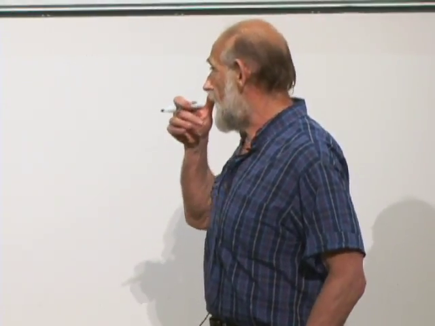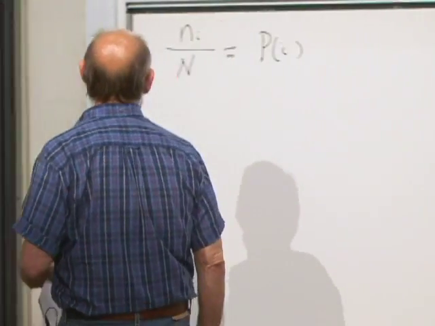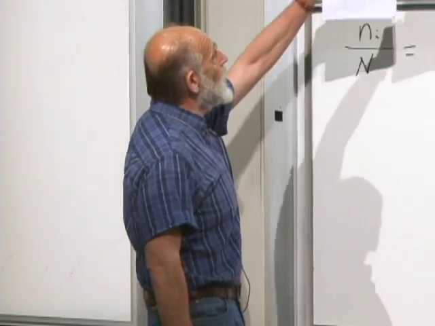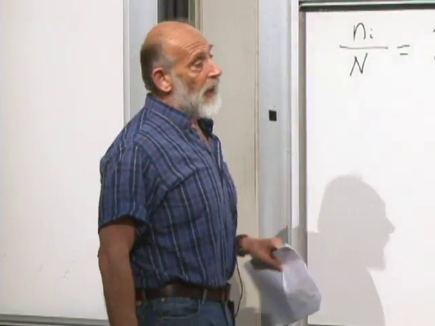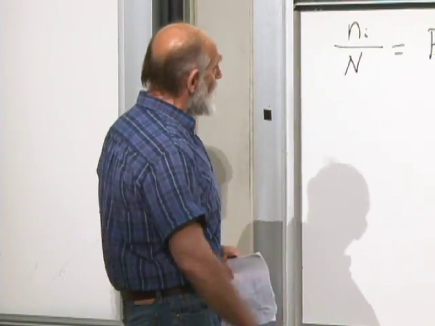That's the basic tool. It's as simple as that, more or less obvious. So we'll define P sub I to be little n sub I over n, and now let's rewrite the two constraints that are up there. The first constraint is that the sum of n sub I equals capital N. And what does it become?